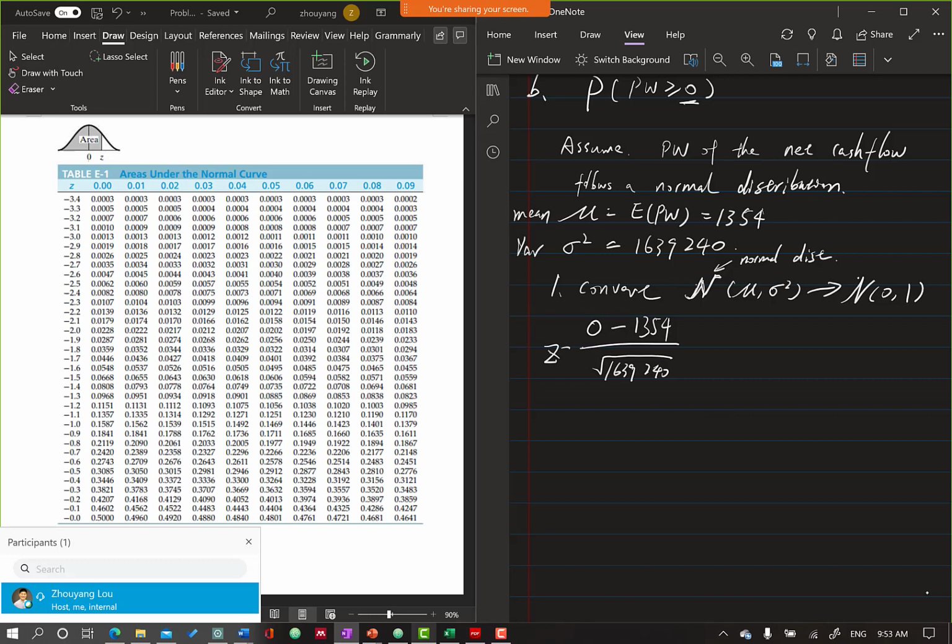That's the statistic C, and that equals minus 1.06. And this C calculated here is corresponding to the normal distribution with the mean 0 and variance 1, as in this plot.